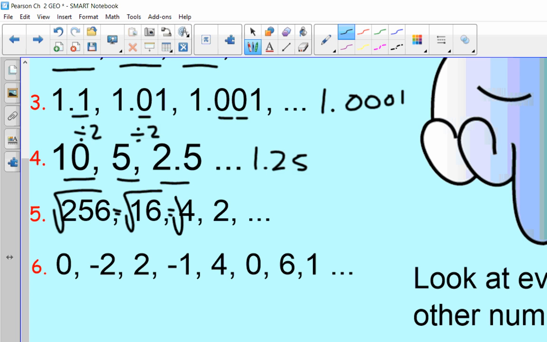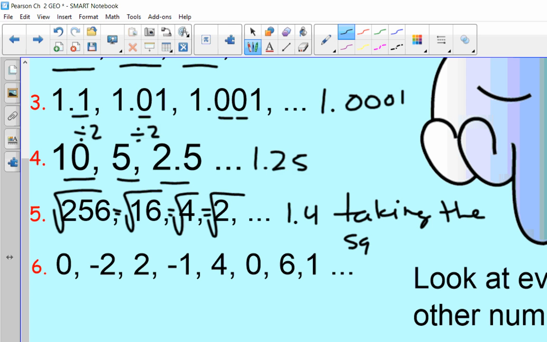And if I take the square root of that, I get 2. If I take the square root of 2, I think I get like 1.4. I can't remember exactly what that is. I didn't look at my notes, but I might have rounded that one. So I'm taking the square root of the previous number.